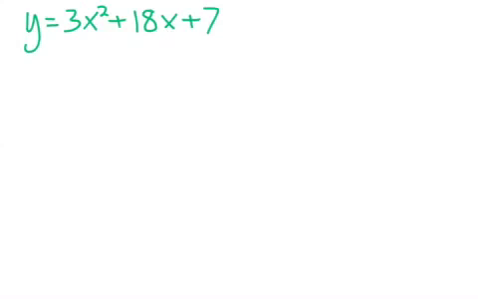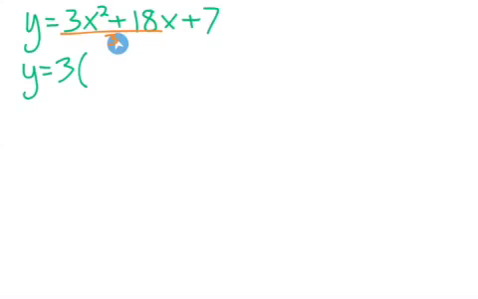So I'm going to be factoring out 3, just like I factored out GCFs when we were learning about trinomials. So I say y equals 3. I write that on the outside and then I put my parentheses. And then these two terms need to get divided by 3.